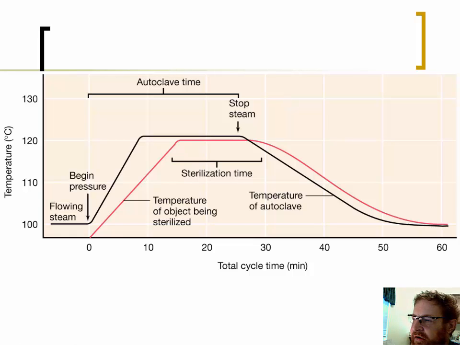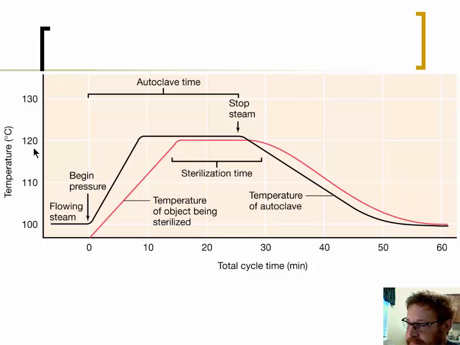And that pressure is one of the really important things, because that's how we get the temperature high enough to sterilize. From a variety of organisms, it's been determined that 121 degrees centigrade is the standard you want to reach to autoclave things.